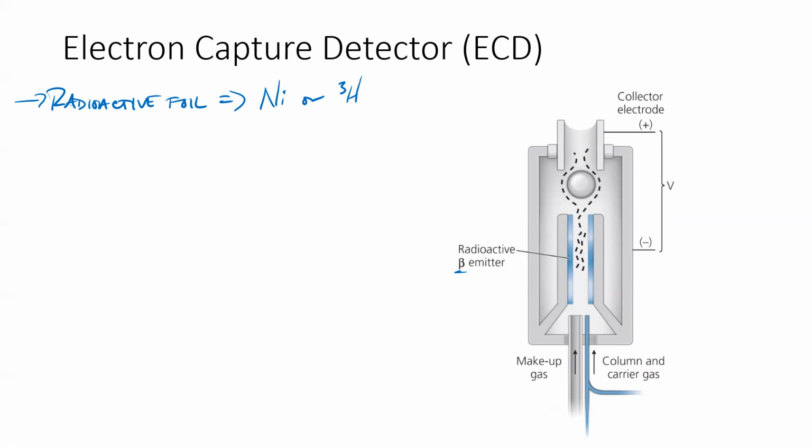Do you talk about radioactivity in physics? Or just not at all? Yeah, okay. Beta particles are electrons.